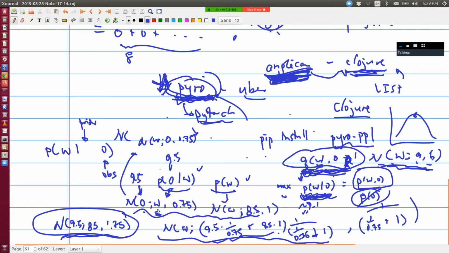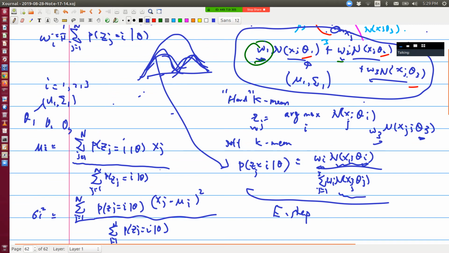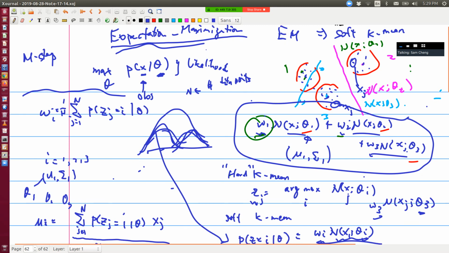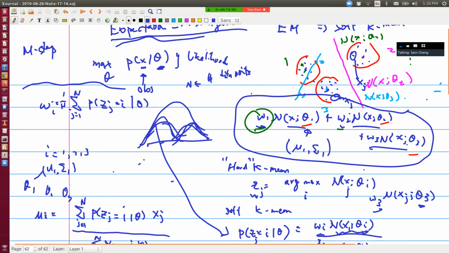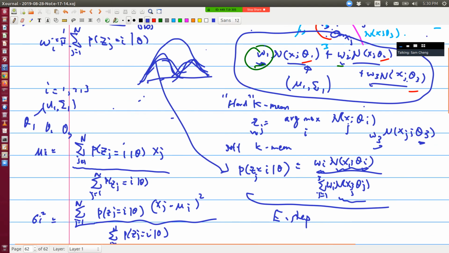For the rest of the time I want to keep a little more general form of EM. Here we talked about a specific application for soft clustering. Actually, I didn't even derive why we are doing that, I just gave an intuition.